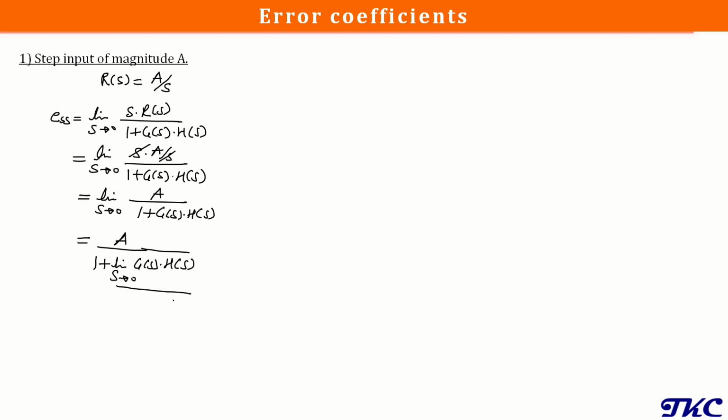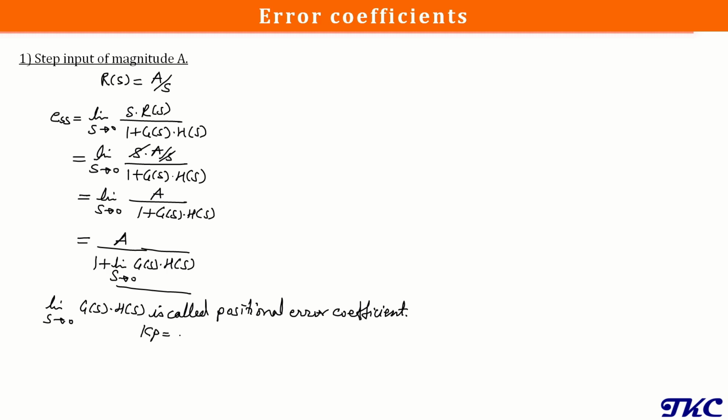Now this term, that is limit s tends to 0 G of s into H of s, is called the system constant, and it is called in this case the positional error coefficient. We also denote it by Kp.